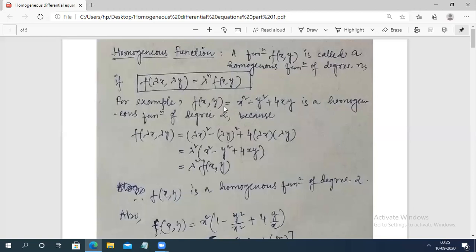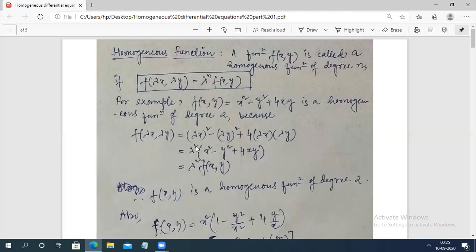To confirm this, just replace x with lambda x and y with lambda y. Then the value of the new function f of lambda x, lambda y will be equal to lambda x whole square minus lambda y whole square plus 4 lambda x lambda y. Now you can see clearly that we can take lambda square common throughout.